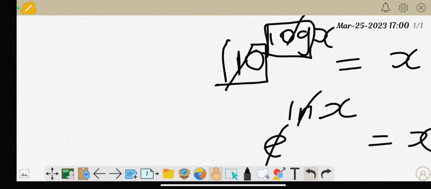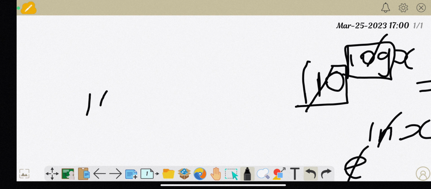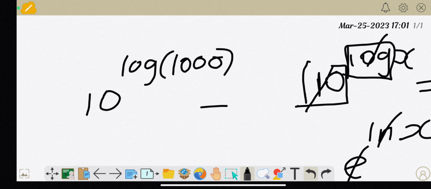If you want, you can verify it. So 10 to the power log 1000, what is the answer I am going to get? My right hand side will be 1000.